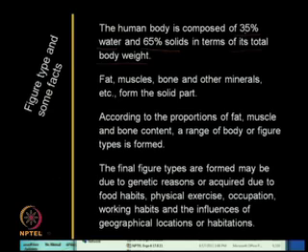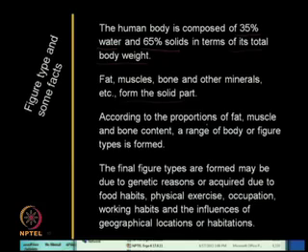Fat, muscles, bone and other minerals form the solid part, that is the 65% of our total body weight.